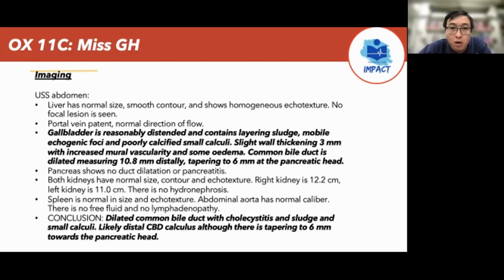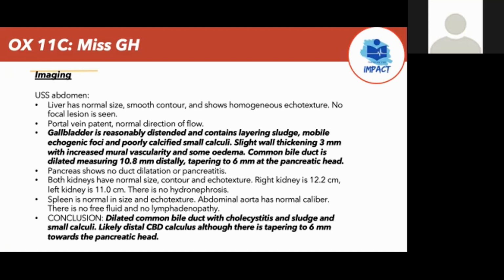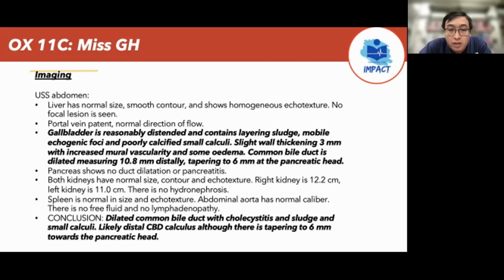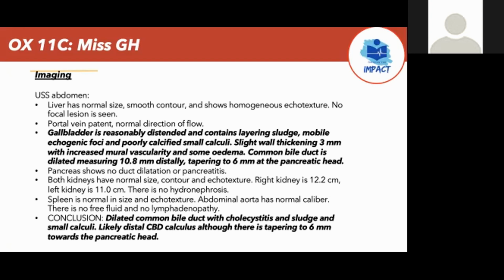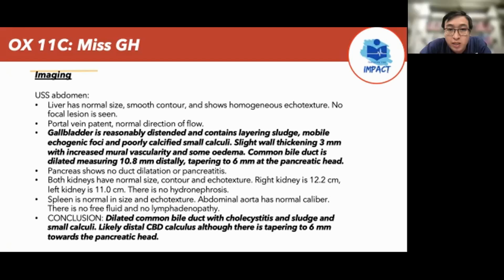And this is the ultrasound report. So reading through it, liver's normal, portal vein is patent, gallbladder is reasonably distended, contains layering sludge, mobile echogenic foci, poorly calcified small calculi, slight wall thickening, 3 millimeters with increased mural vascularity and some edema.